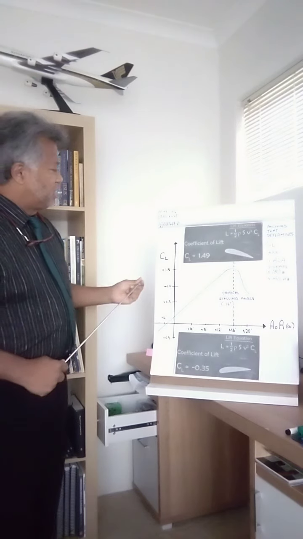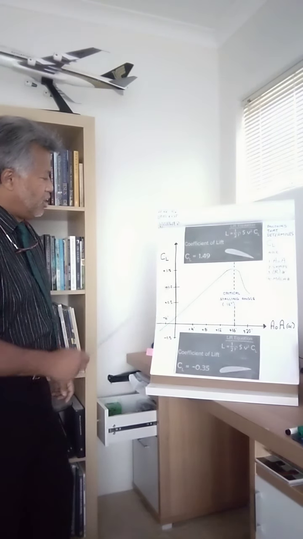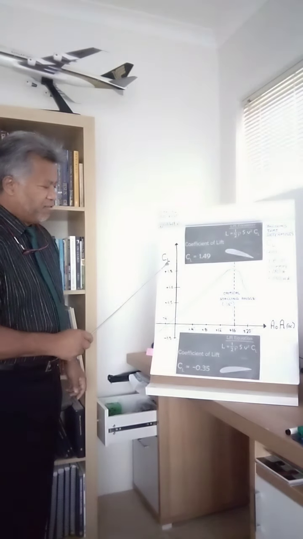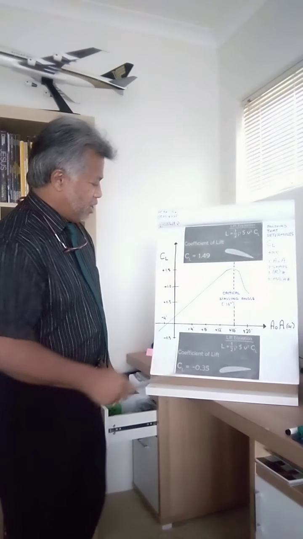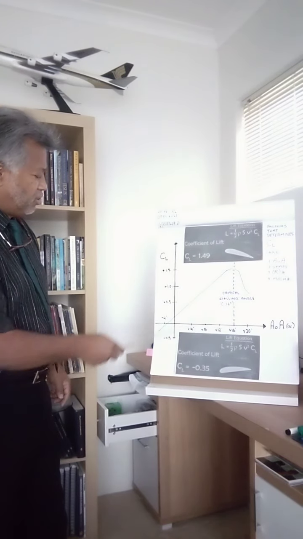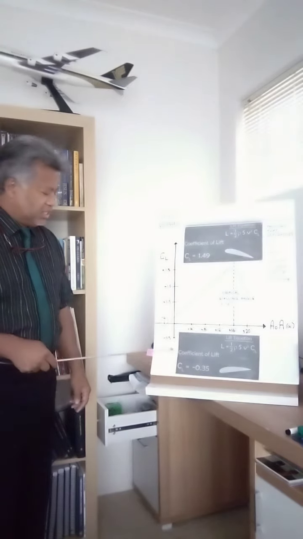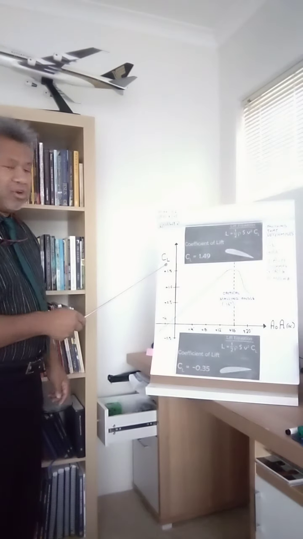So if you were to see a graph drawn here with the coefficient of lift values and the angle of attack, you find that if you have an angle of attack in the negative range, you have a negative coefficient of lift.